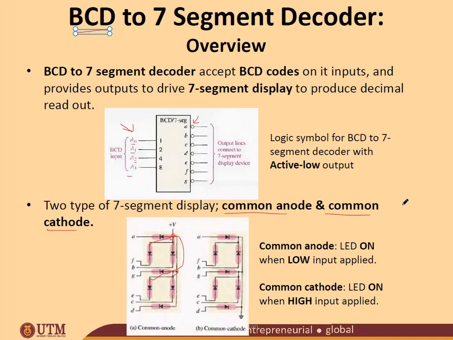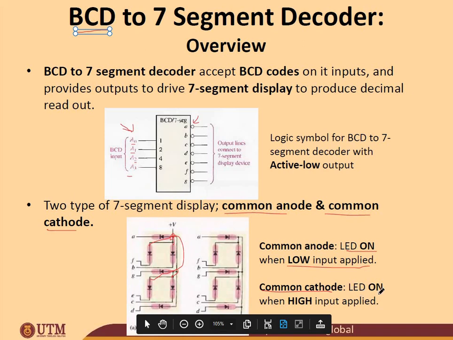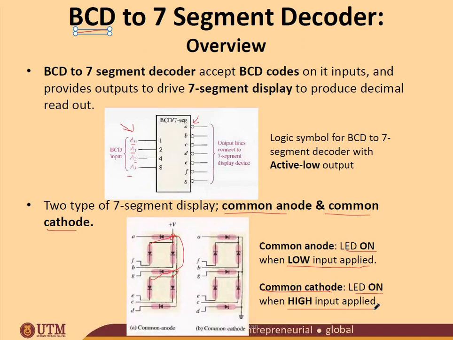Likewise for the common cathode. For common anode, the LED is on when a low input is applied. For common cathode, the LED is on when a high input is applied. You already have this slide, which I gave in the previous weeks.